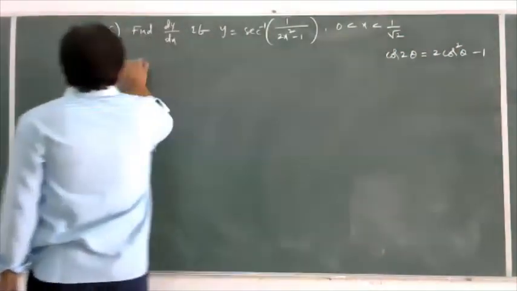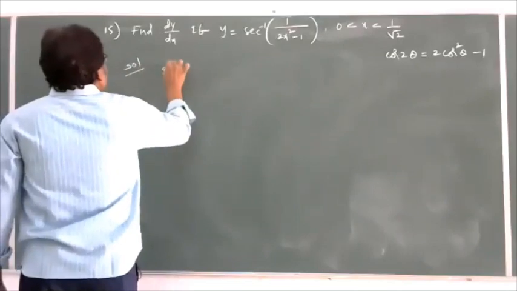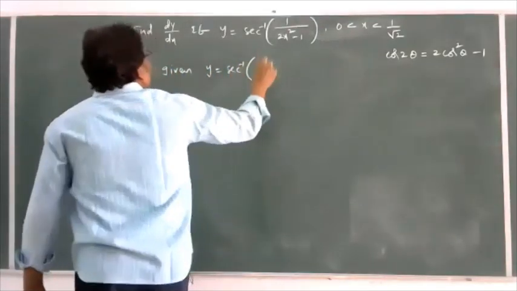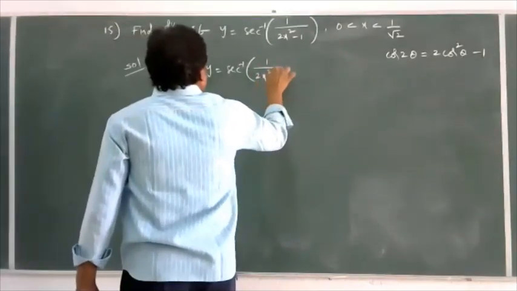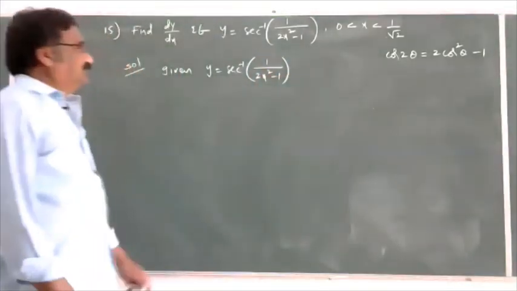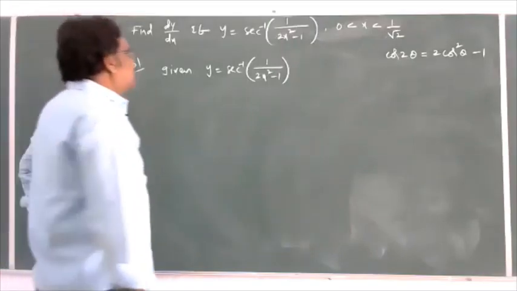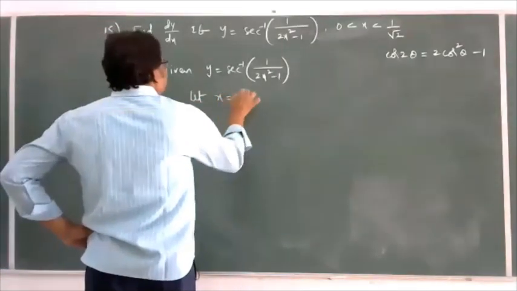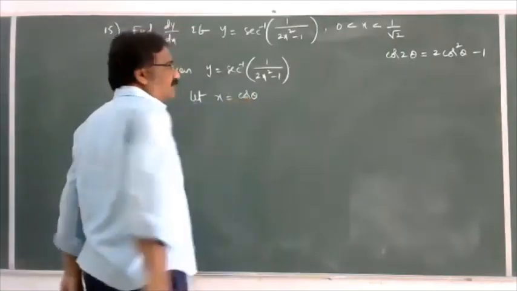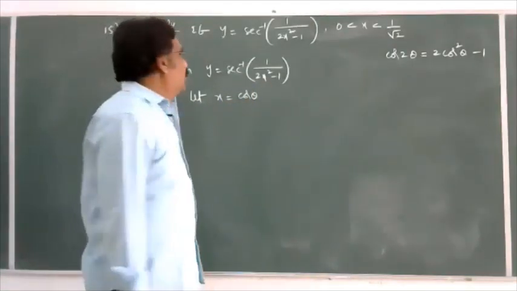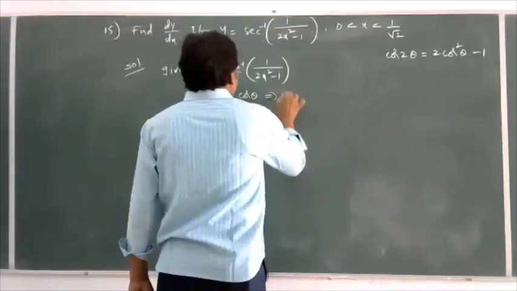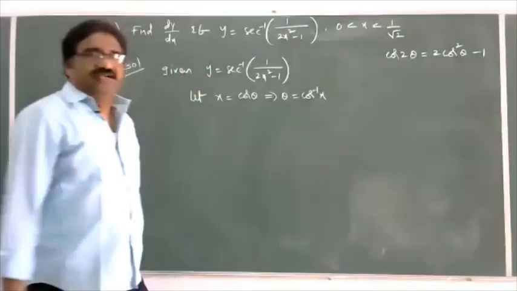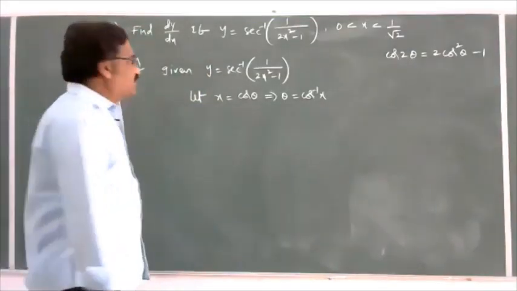So, given y is equal to secant inverse of 1 by 2x square minus 1. Let x is equal to cos theta, that implies theta is equal to cos inverse x.